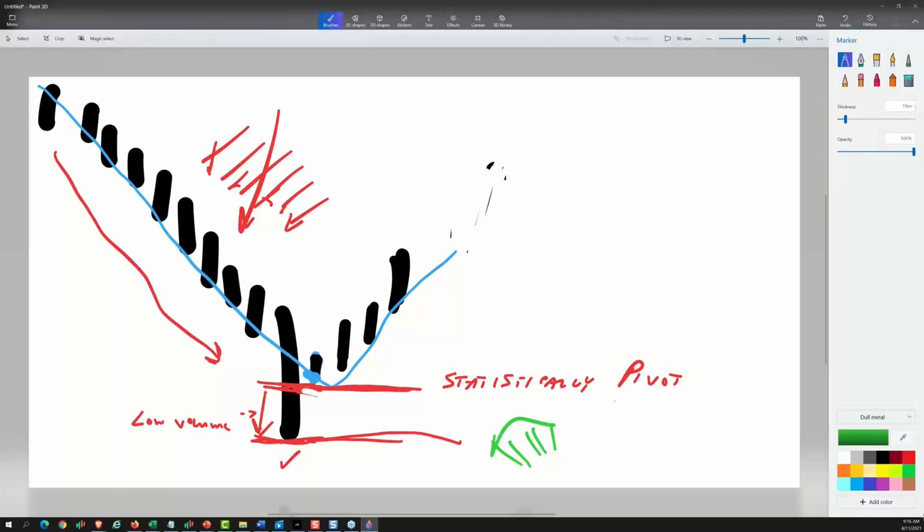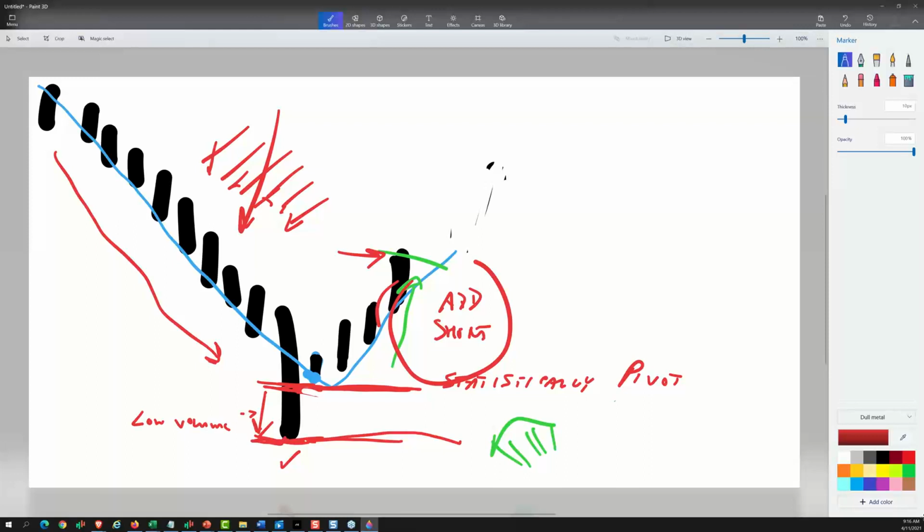But they only had enough power to move it this high. And then maybe they ran out of gas. And now the sellers say, we can now start shorting it from here instead of getting short down here.